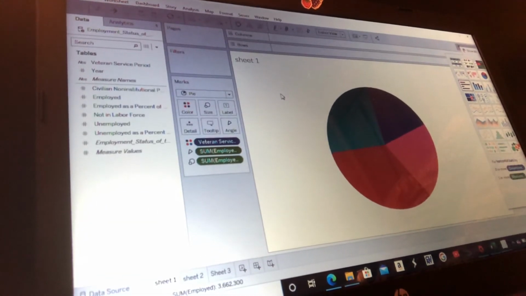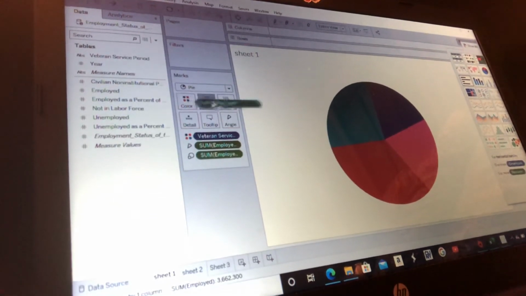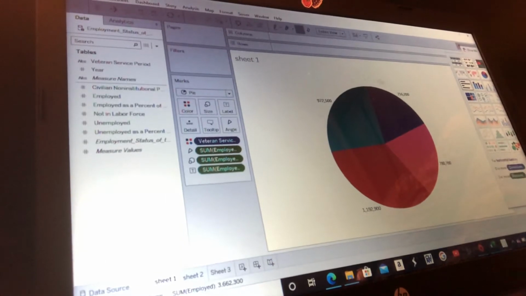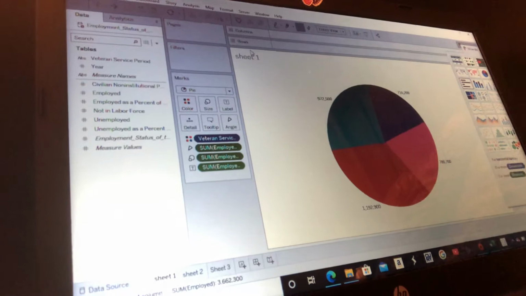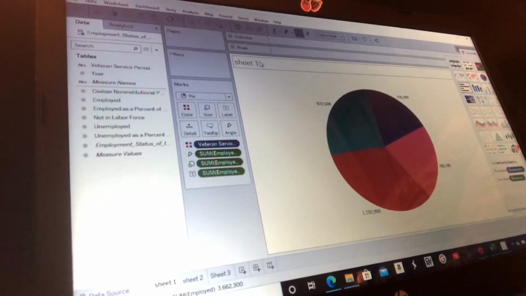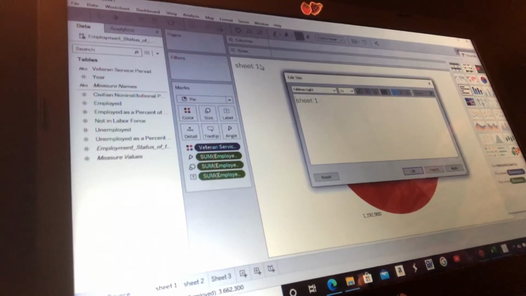What I would like to do as well is label. So I'm going to put employed into the label column. That way we get the numbers of the people that were actually employed from the different wars that they went to. They were able to get employment when they come back.